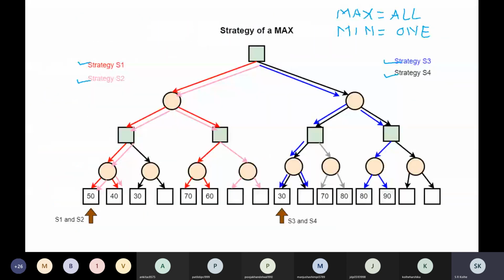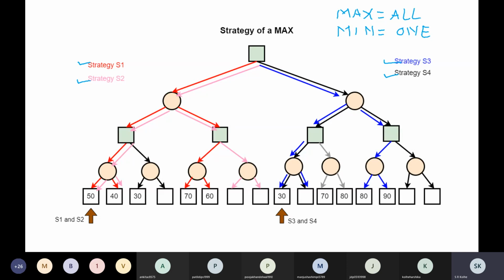Come to this. Now out here, this slide only shows you the set of 4 strategies. There are a total of 8 different strategies, but these 4 colored subtrees are showing only 4 strategies.